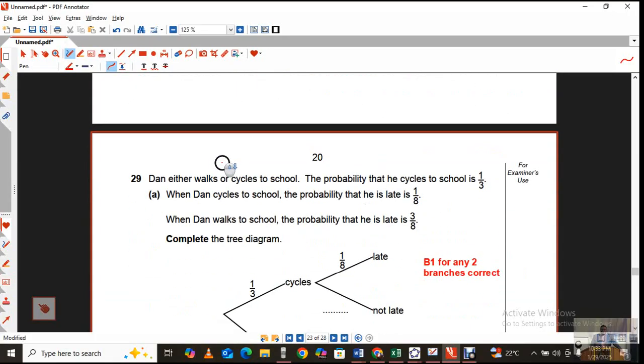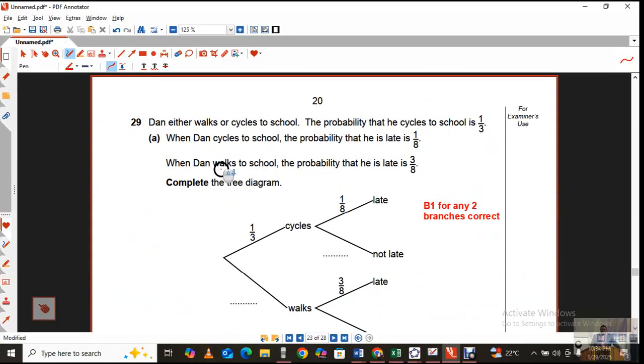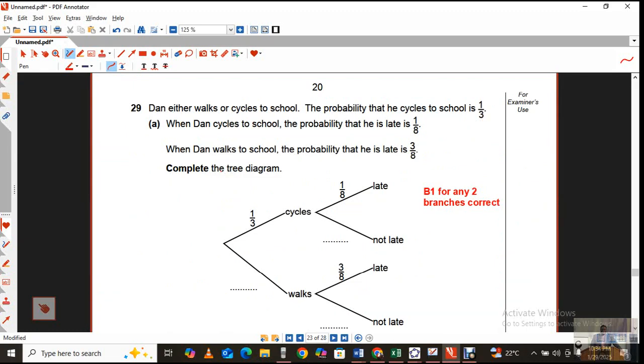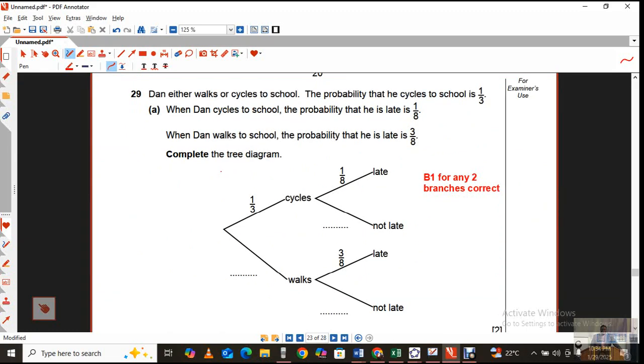Good. That brings me to question 29. Dan either walks or cycles to school. The probability that he cycles is a third, as you can see in the diagram. Let's just focus on the cycling part.